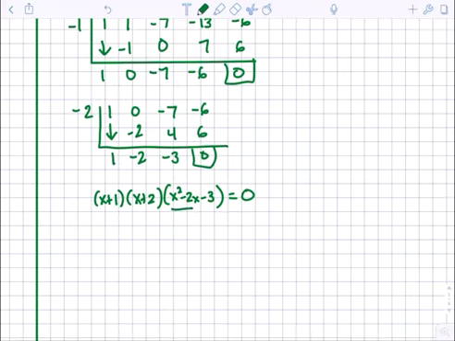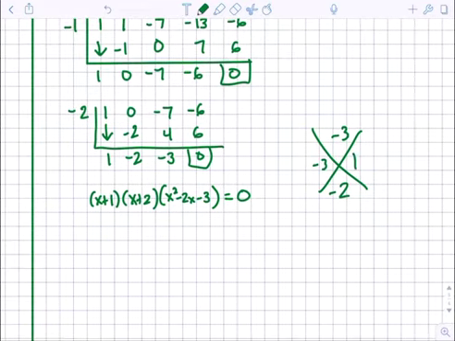Alright, we got to factor out that trinomial, so negative 3 and 1. And a is equal to 1, which means these are the factors of that trinomial, x squared minus 2x minus 3. So x plus 1, x plus 2, x minus 3, and x plus 1.